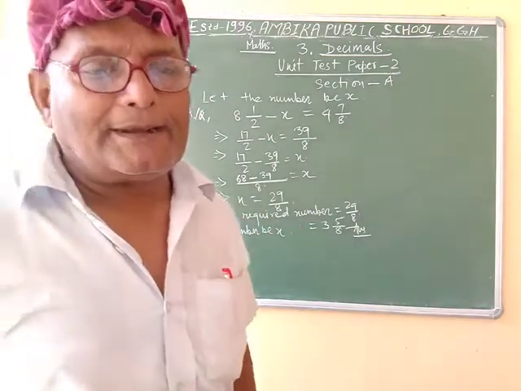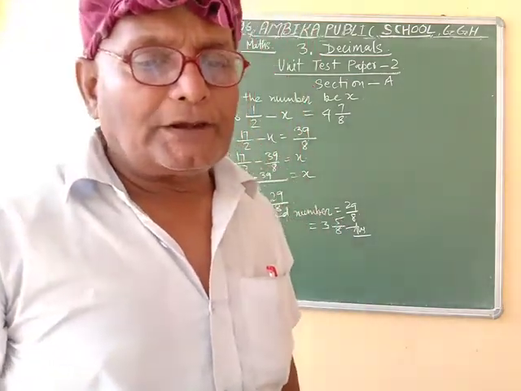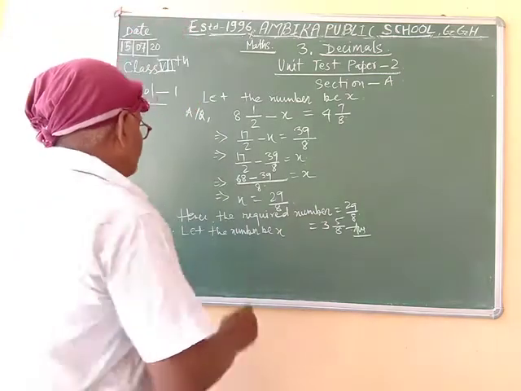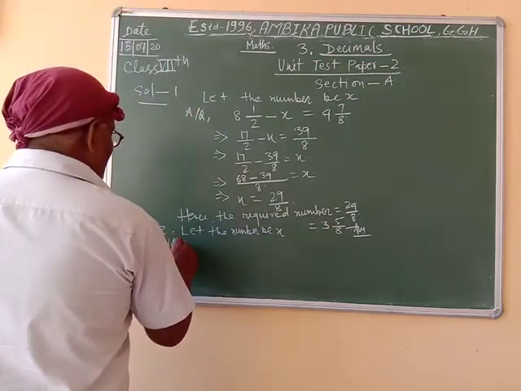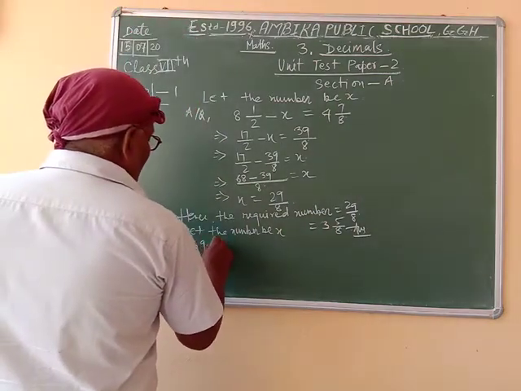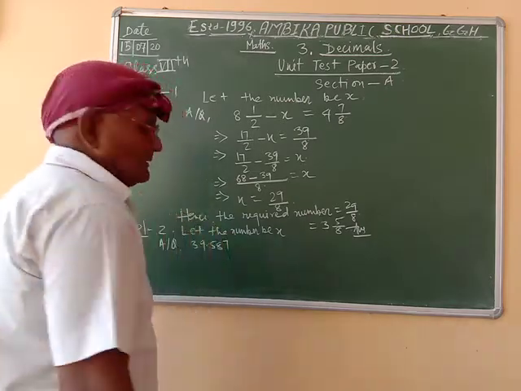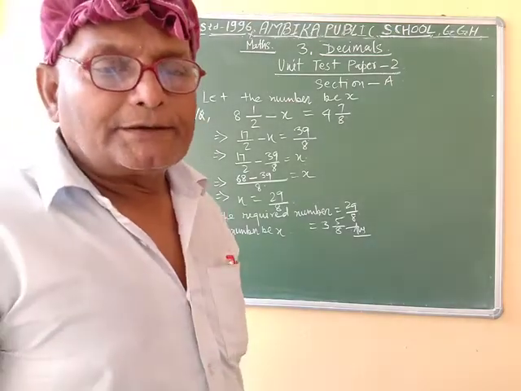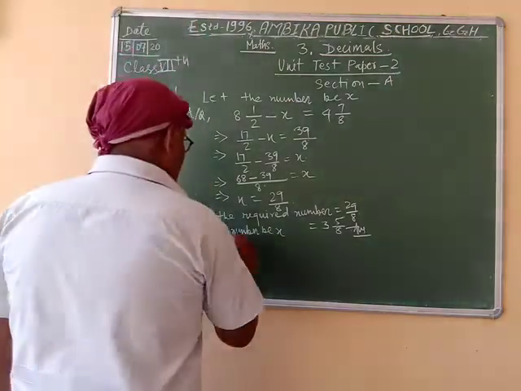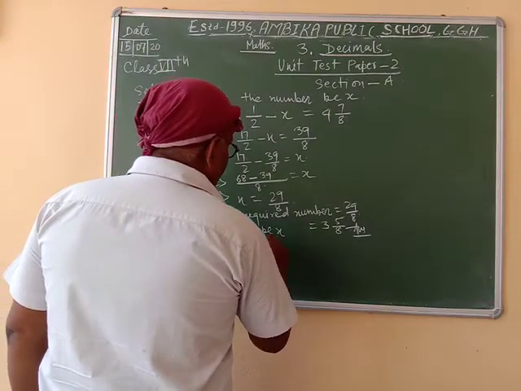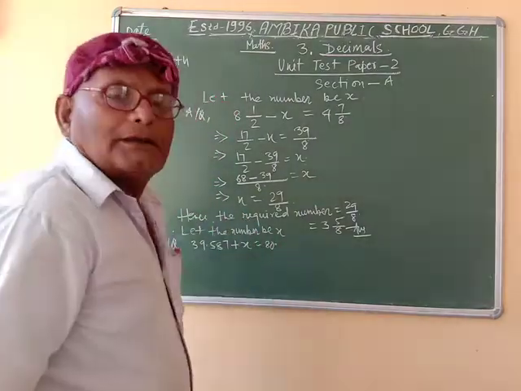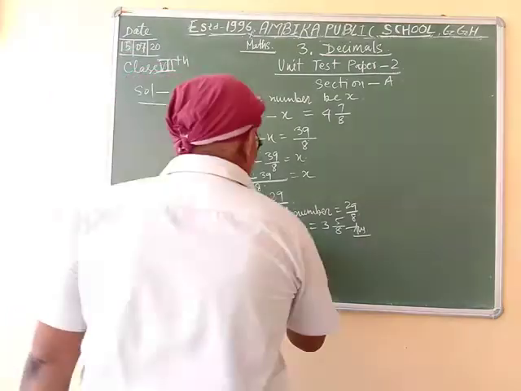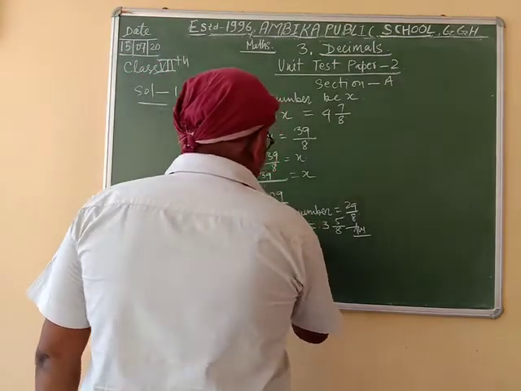Then if we add x to 39.587, 39.587 plus x is equal to 80.375, which is given.